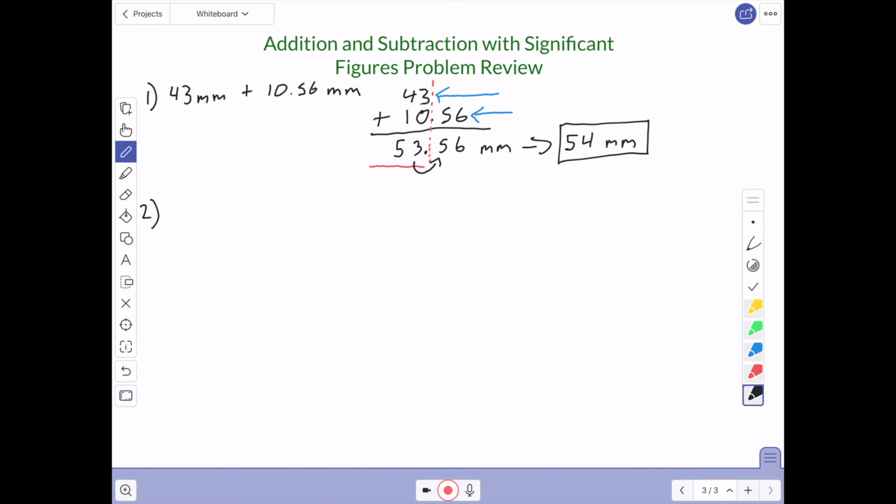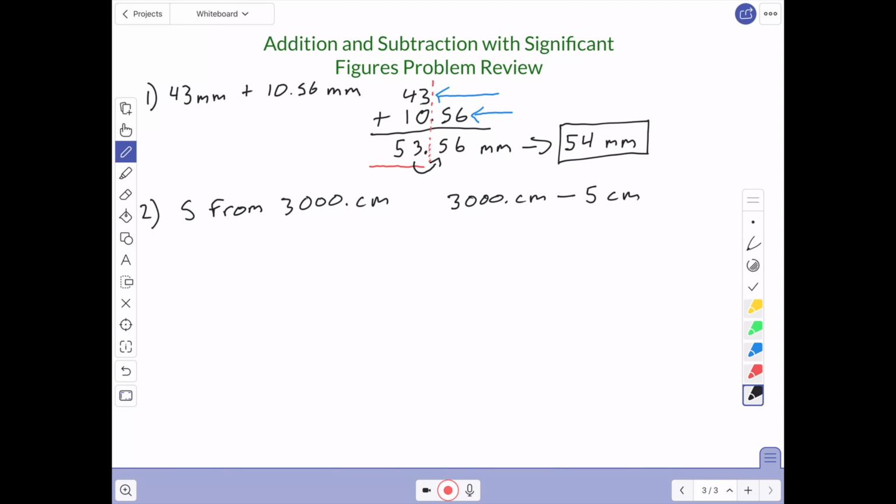The second question wanted us to subtract 5 centimeters from 3,000 dot centimeters. Now, when we have it worded like that, we need to make sure we understand what that means. When we're subtracting 5 from 3,000 dot centimeters, that means this minus 5 centimeters.